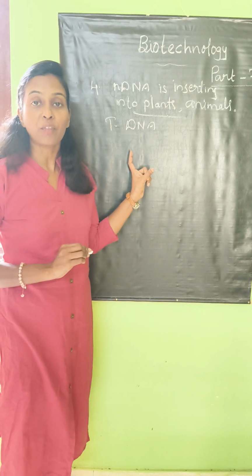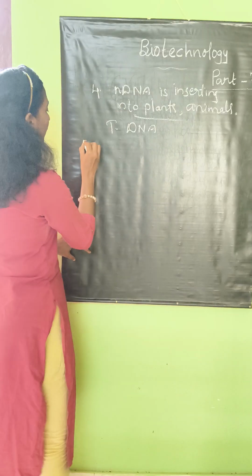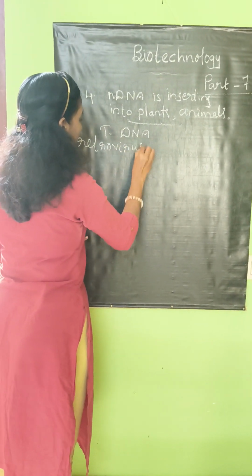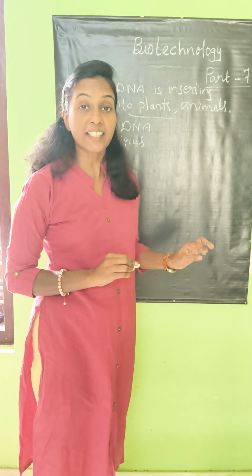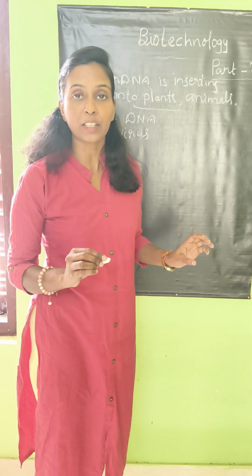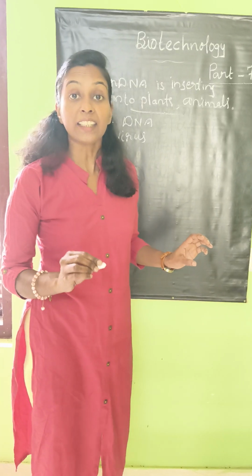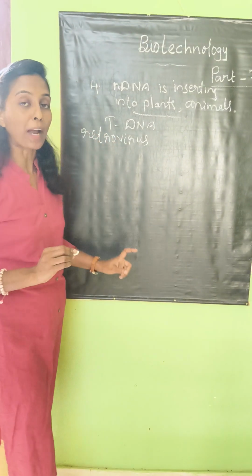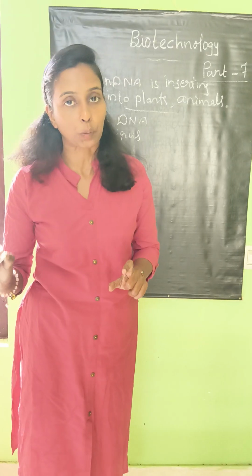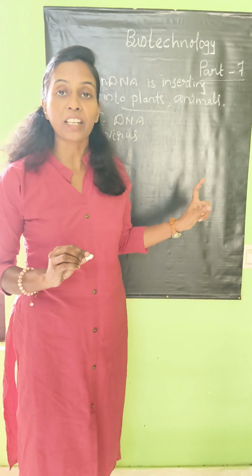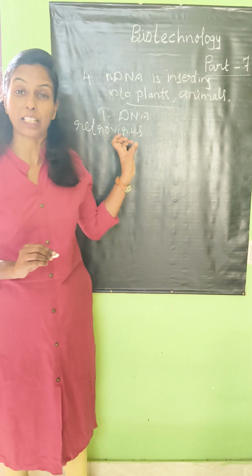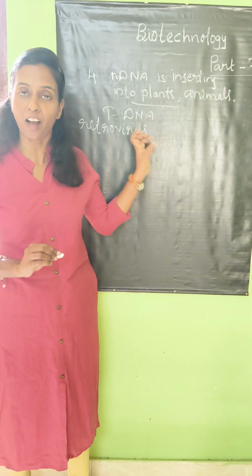Another one is a virus called retrovirus, which transforms normal cells into tumor cells in animals. So Agrobacterium tumefaciens causes tumors in dicot plants, but retrovirus causes tumors in animal cells. Both are pathogenic and harmful.